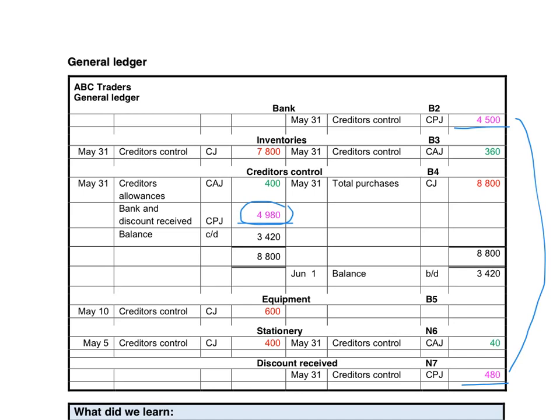Because this amount in your creditors control is not only recorded in one account, it's recorded in two accounts, you will show that some of that money will be on the credit side of the bank and some of the money will be in the discount received account. Then I balance my creditors control account, so I add up the credit side, subtract the debit side, and determine what is the difference between the debit and the credit side, and I bring down that balance, 3,420.